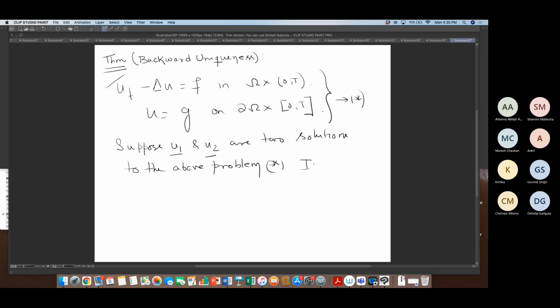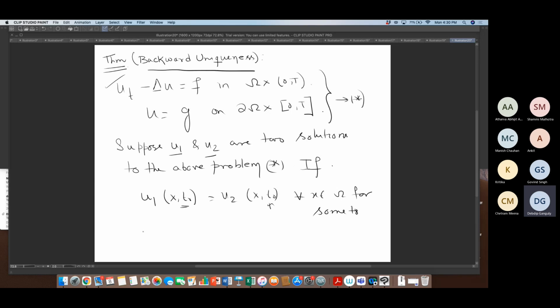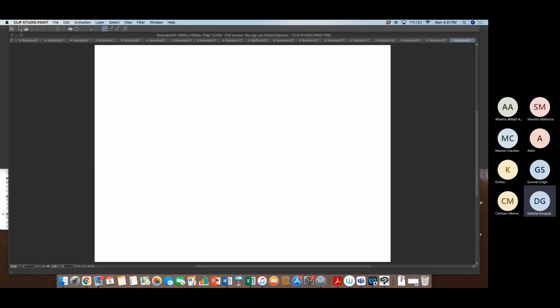If, and this is very important, u1 at (x, t naught) and u2 at (x, t naught) are equal at some time t naught for all x in omega, then they will be equal for all t less than t naught. That is why it's called backward uniqueness. Then u1 is equal to u2 in omega cross (0, t naught), not up to T. Just draw the picture.